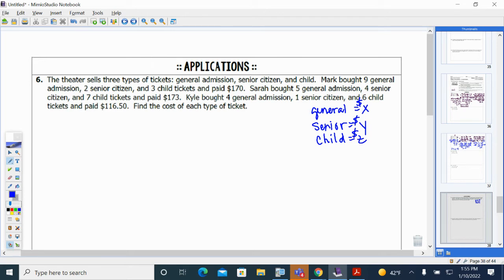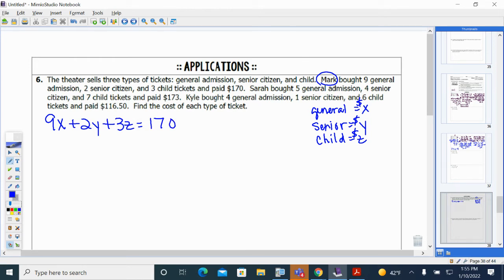Now, the thing about setting these equations up is each person gives you an equation. So Mark, for example, bought 9 general admission, 2 senior citizen, and 3 child tickets for a total of $170. So your equation is very easy. It's 9x plus 2y plus 3z equals $170.